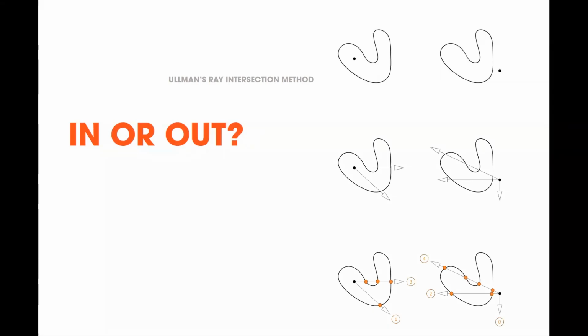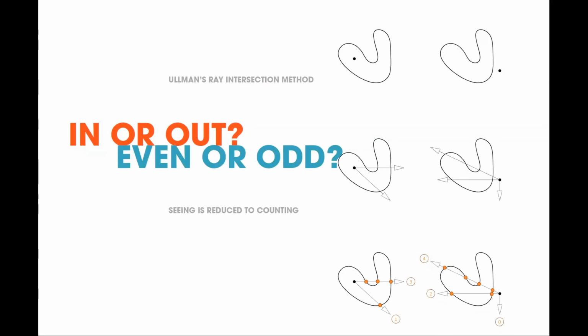In this case, there is the ray intersection technique, in which you draw rays out of the point and count the number of intersections with the curve. If the number of intersections is odd, then the point is inside. If the number of intersections is even, then the point is outside. So you tell the computer: don't look, because you cannot see, but count the numbers and tell me if the point is inside or outside.